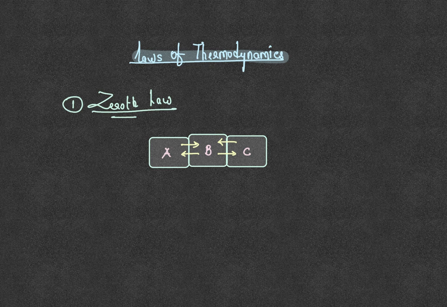Samajh aayega barabar? So that's the zeroth law. It's a very, very, very basic law, right? If two different bodies are in thermal equilibrium with a third body, then they are in thermal equilibrium with each other as well, is the statement. Will you be able to do that? I'm not writing the statement. Right? All right.